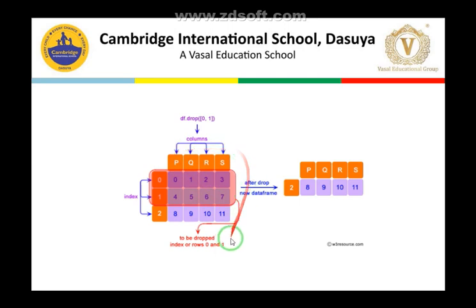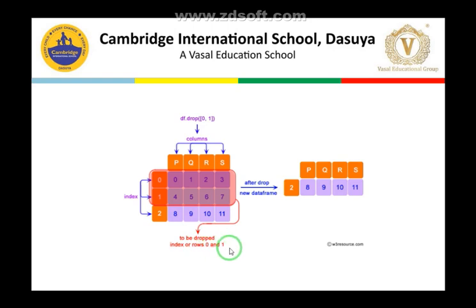After deletion, I am left with this last row only. After the drop, the new data frame is this output. So I have been able to drop the rows at index 0 and 1.